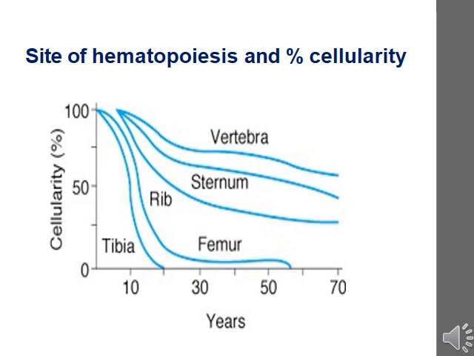After around the 60s, the vertebrae, sternum and ribs are the major sources for the supply of all types of blood cells. So this is a percentage or graphical representation of cell production over the lifespan of any human.